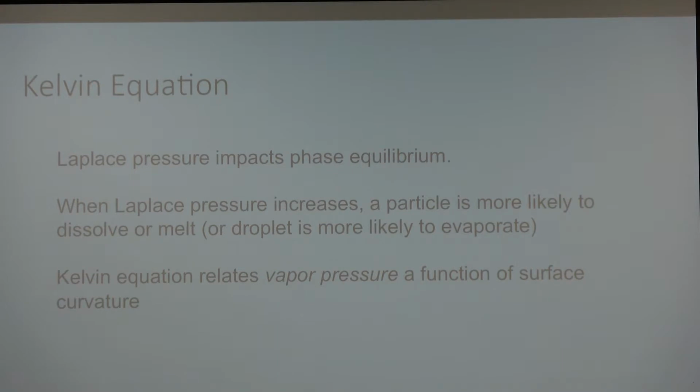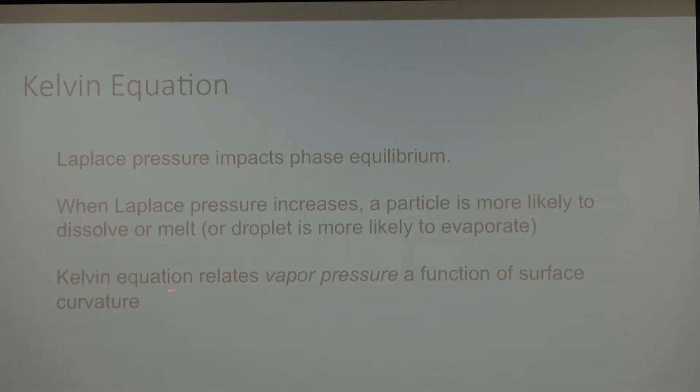Okay, so Laplace pressure can also impact the phase equilibrium, meaning the difference between either a solid and liquid or a gas and a liquid. When the Laplace pressure increases, a particle is more likely to dissolve or melt if it's solid, or more likely to evaporate if it's a liquid in a gas, in a vapor. That makes sense. There's more pressure difference across this surface, and so it's more likely to evaporate.